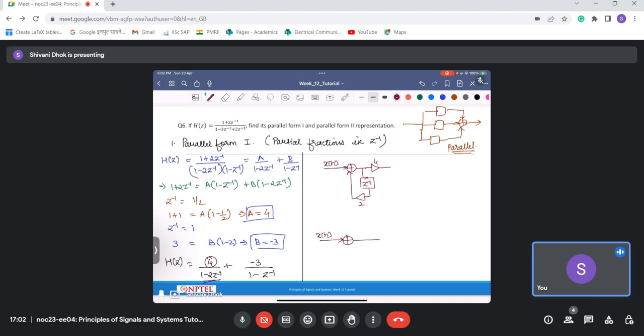This gets added, so I have this z inverse block here and a unit amplitude gain block here, and this gets scaled by a factor of minus 3. So these two are basically having the same input, that is x(n), and the outputs of these two are getting added, something like this.